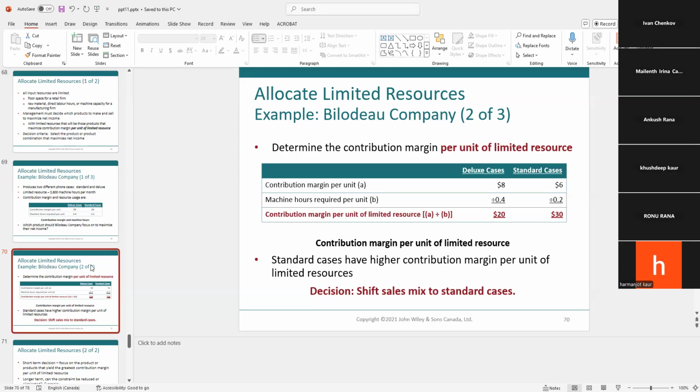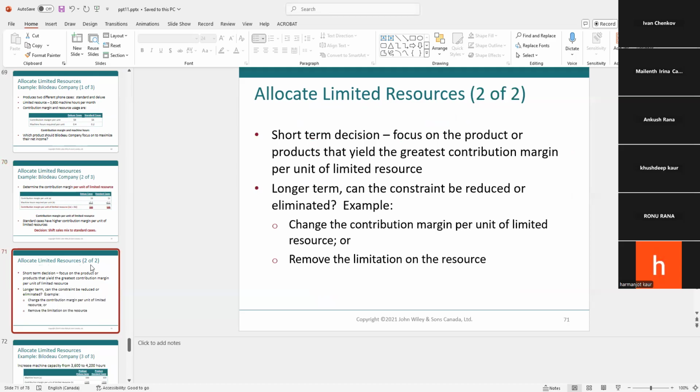Once you satisfy demand, move to the deluxe. Only in that scenario can you maximize your income. Now, the short-term decisions focus on the product that has the greatest contribution margin within the limited resource.